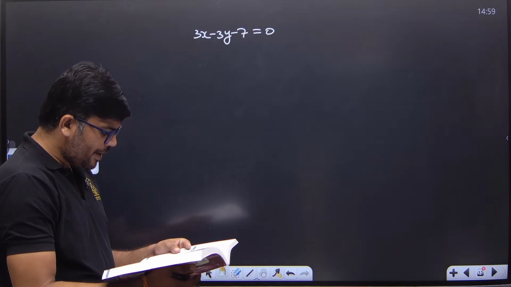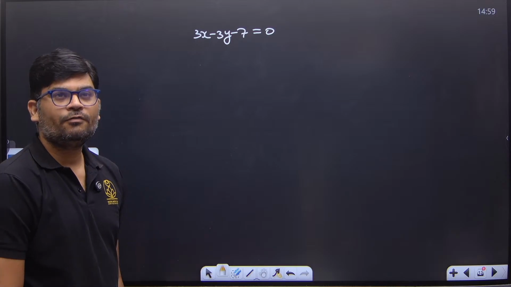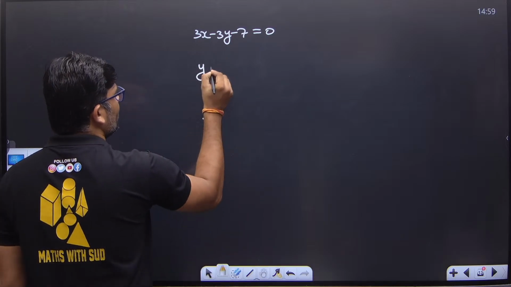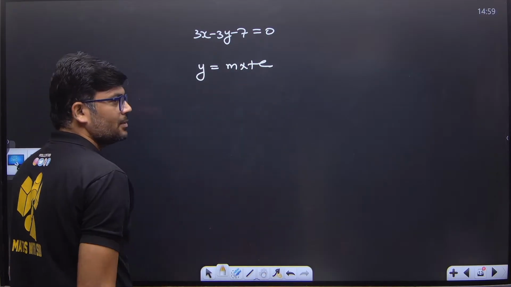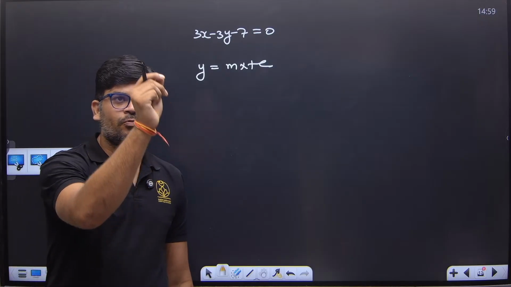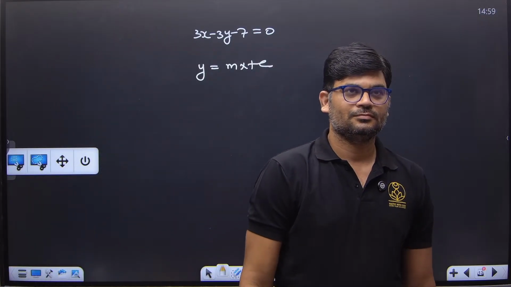So you have to find the gradient of the line. Gradient means you have to write this in the form of y is equal to mx plus c. This is the form where you have to write it like this. I will teach you how to write this in one step.